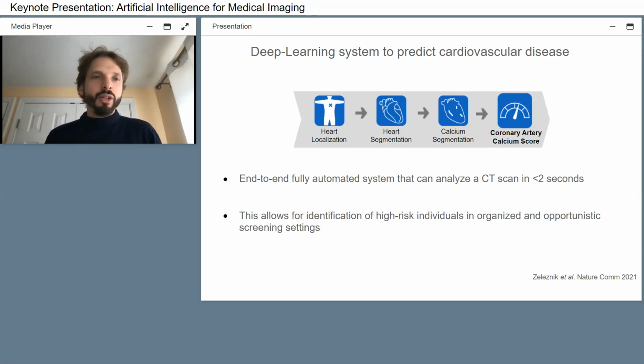Very similar to the examples before, this really allows for the identification of high-risk individuals in organized and opportunistic screening settings, right? You can put this into screening settings for patients we're screening for lung cancer with a low-dose CT, but you can also put it into a hospital where any non-contrast CT that's being made is analyzed by such a system.